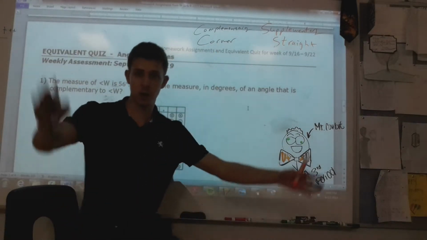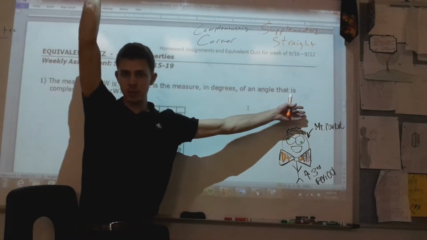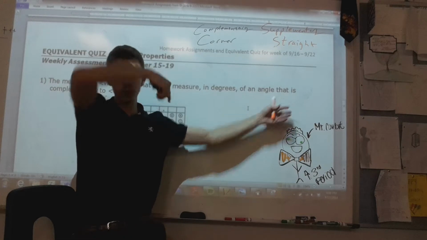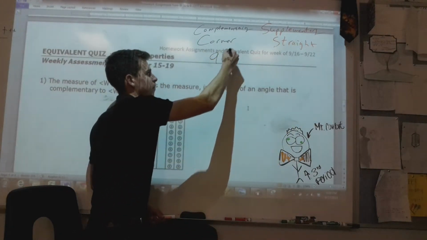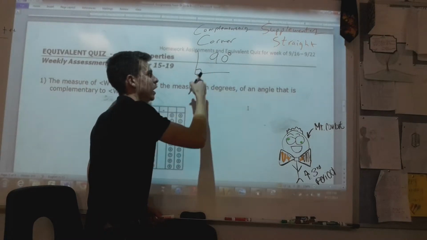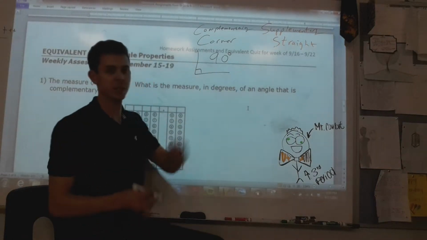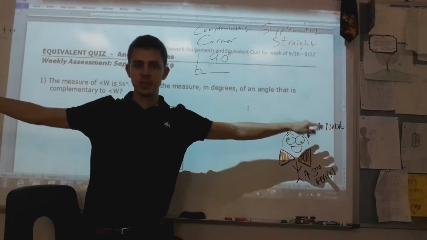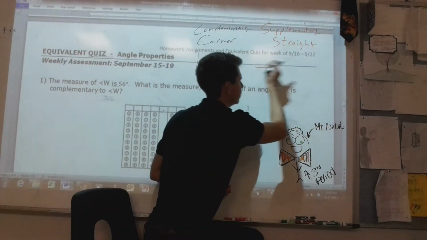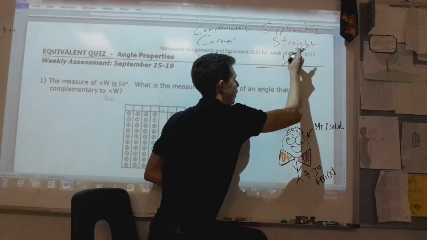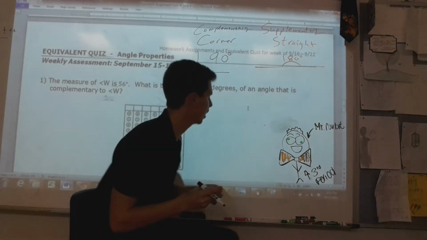It means complementary corner. Two angles that add up to 90 degrees. It makes a corner here. Supplementary straight, how many degrees is that? It's a straight angle, so it's 180 degrees. Complementary corner and supplementary straight.